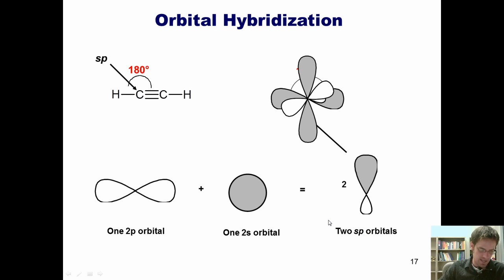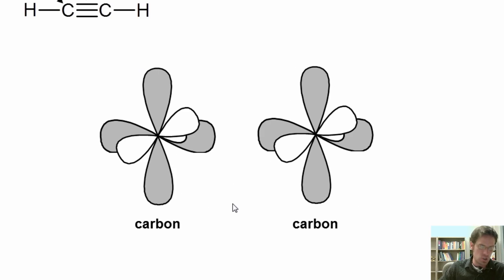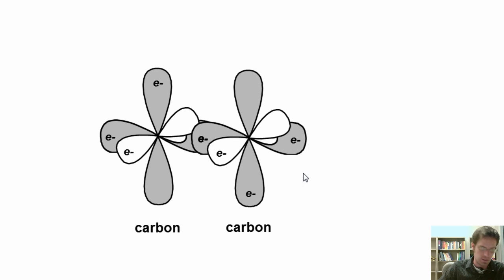So what occurs next? Well, here are my two carbon atoms, both sp hybridized, with their remaining unused 2p orbitals lying perpendicular to each other, as shown here. At this point, they fill their orbitals with their respective valence electrons. They then overlap like so. Now this bond between the carbon and the other carbon is a sigma bond.